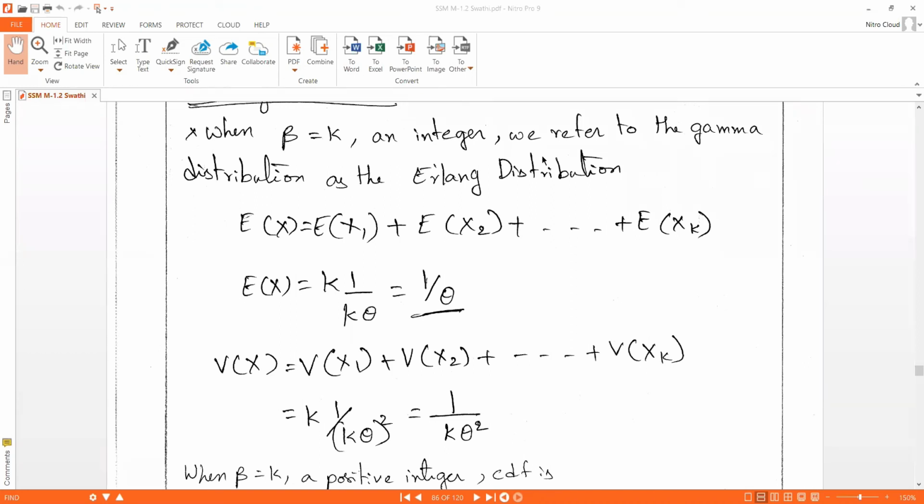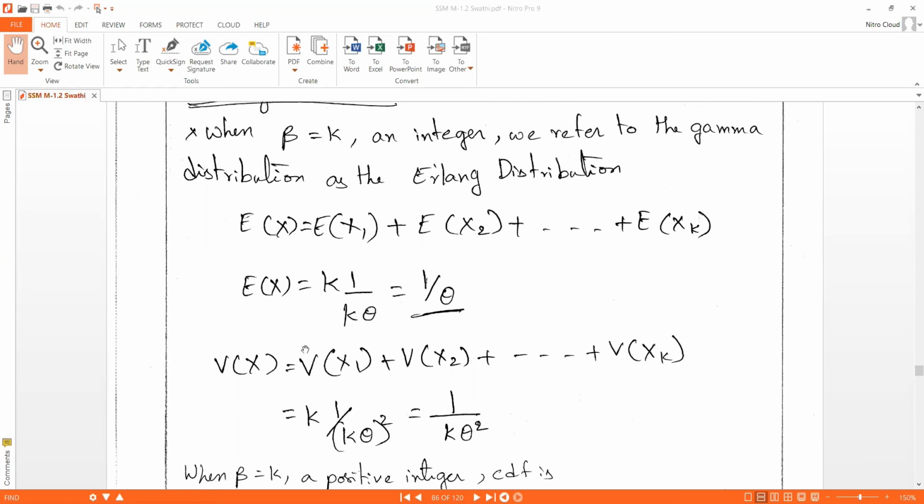So the mean value E of x is calculated like this: E of x is equal to E of x1 plus E of x2 up to E of xk. That can be written as E of x is equal to k into 1 by k theta, which is 1 by theta. The mean for the Erlang distribution is 1 by theta.